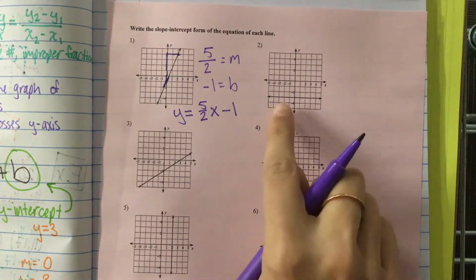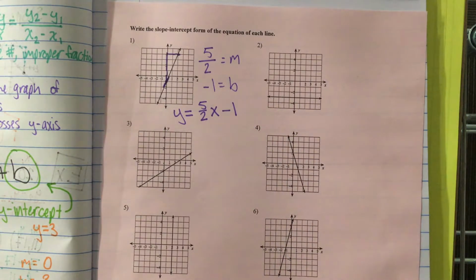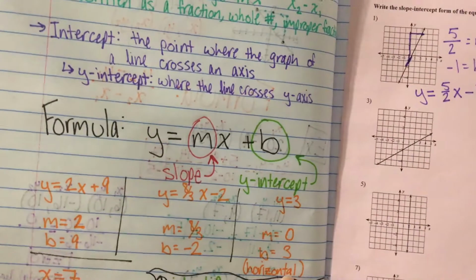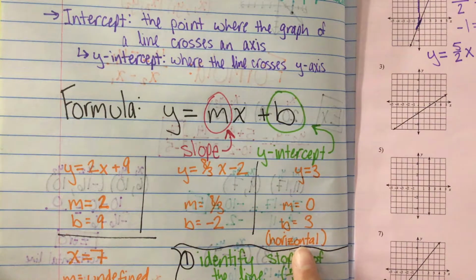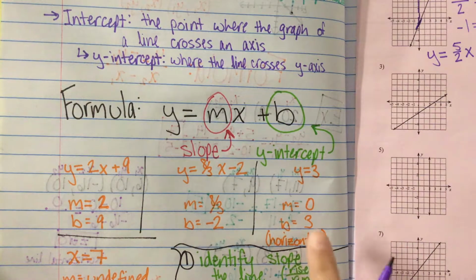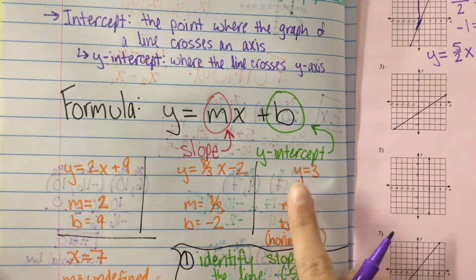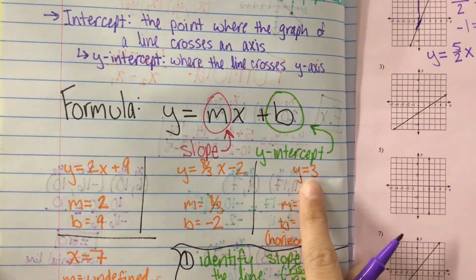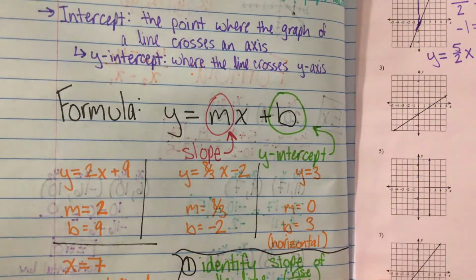Number 2, what kind of line do we have? Horizontal line. If you look back here, what did our equation look like when we had a horizontal line? Just y equals a number, right? When we have a horizontal line, y equals the y-intercept.